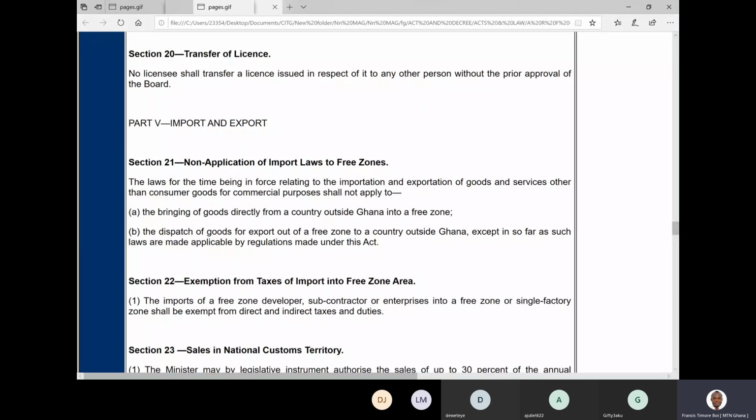Under normal circumstances, if you are exporting, you need to do your export declaration and send it through customs. Customs will validate everything. But we are saying that anything happening within the free zones is outside the customs territory, unless those regulations that are put in place to ensure that there are no abuses.